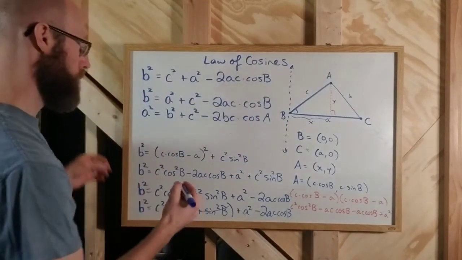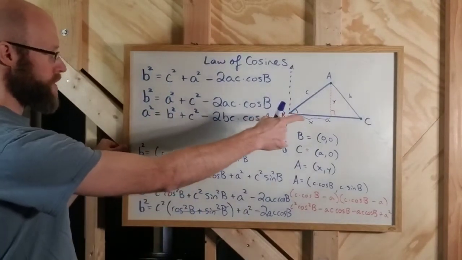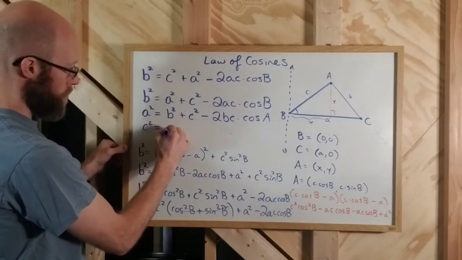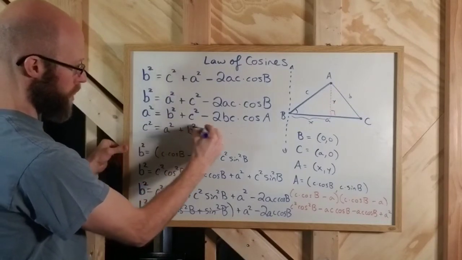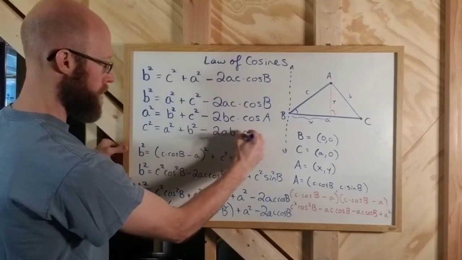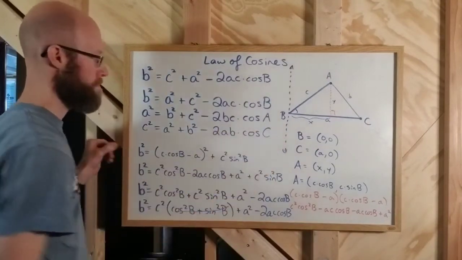The other form, with C at the origin, would be C squared equals A squared plus B squared minus 2ab times the cosine of C. Right?